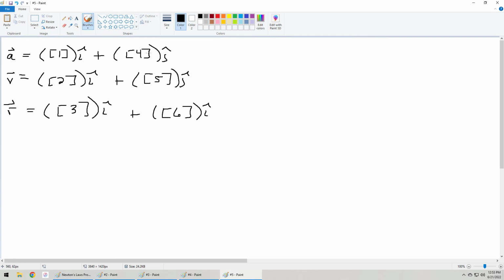So we have 1 and 4, 2 and 5, 3 and 6. The numbers kind of line up in a way that makes sense. You know, if we started 1, 2, 3 over in the y component, you would have 1, 2, 3 over on this side, and then 4, 5, 6 over on the left. And it may not be super apparent how we're bringing these things together.